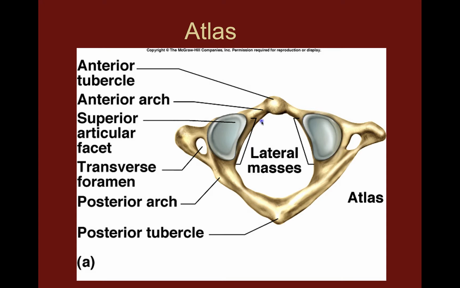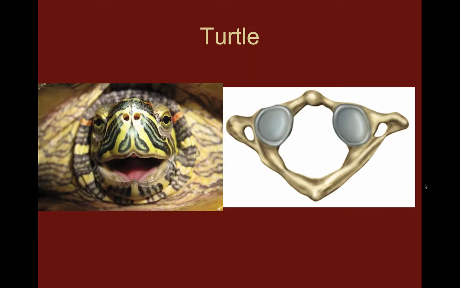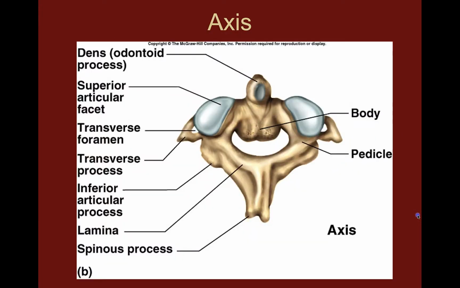And then, of course, that really large vertebral foramen where our spinal cord is going to be running down. Now, we have our friendly turtle here, and some would say that this atlas looks somewhat like a turtle's face. I'm not sure if you can see it. I sure do.